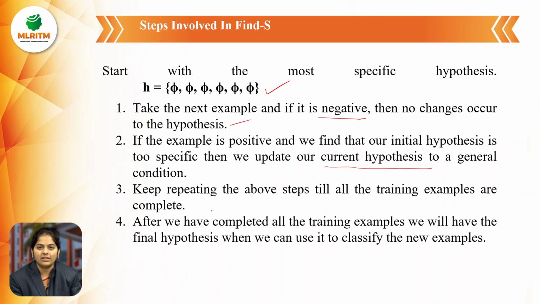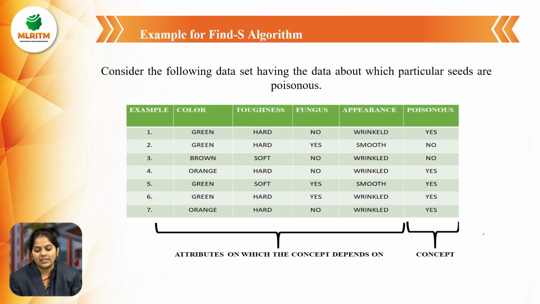We'll have a data set with a combination of positive and negative examples, so we repeat steps 1 and 2 till the last example. After completing all the training examples, we have the final hypothesis, which we use to classify new examples. So we'll see the example.